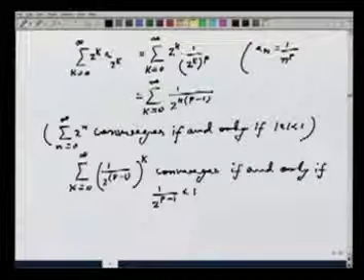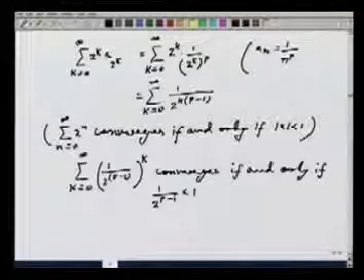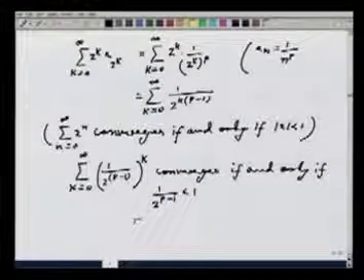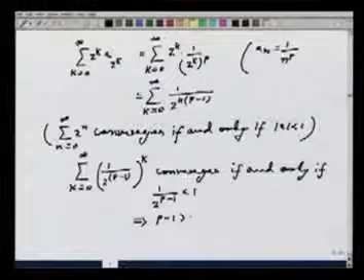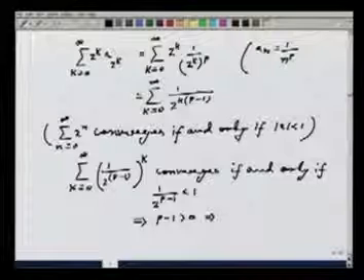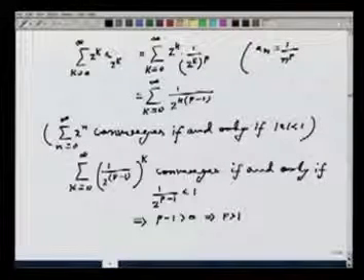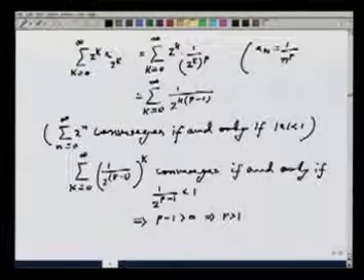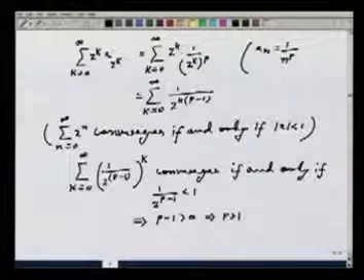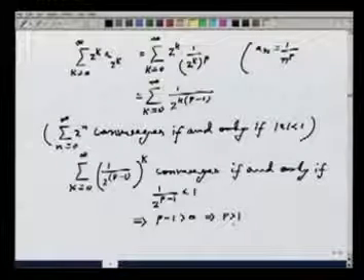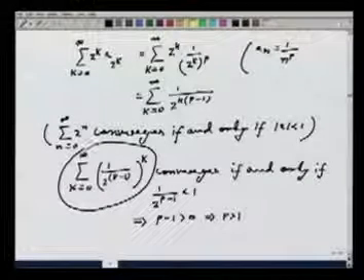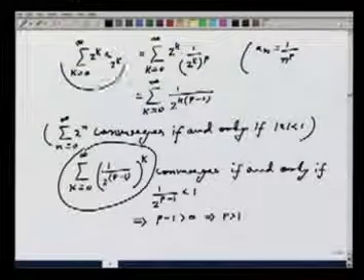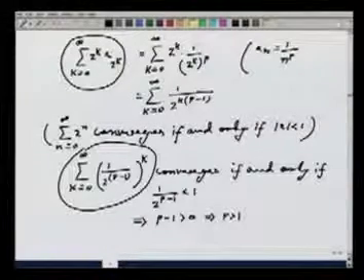Now what are those p's for which this quantity is strictly less than 1? The answer is very simple, this implies p minus 1 is strictly bigger than 0. That is, if p is strictly bigger than 1. Notice that if p is equal to 1, then I get 1, but I demand strictly less than 1. So p is strictly bigger than 1, then this series converges.